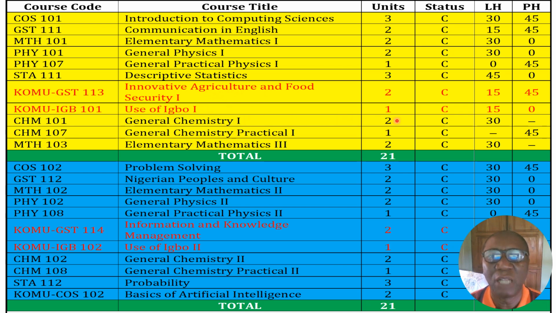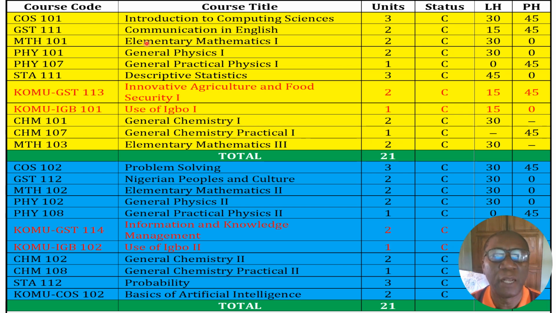When we did that, we discovered that it gave us 16 units, so we needed 5 more units. Now, these are those 5 units. We have to go and pick chemistry 101 and chemistry 107, which is 3 units, and we picked maths 103. These are related courses because they've already done maths 101, so we just added maths 103 to them.